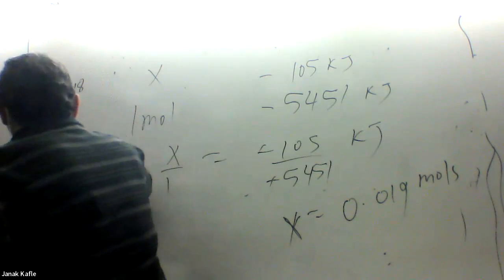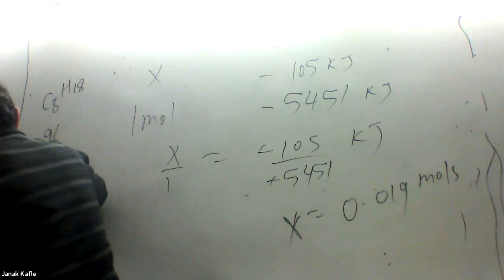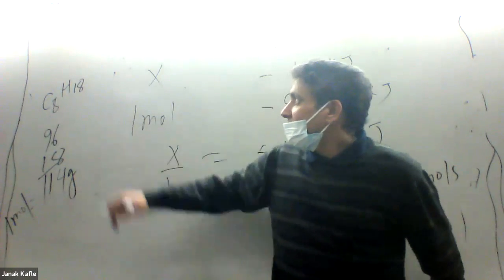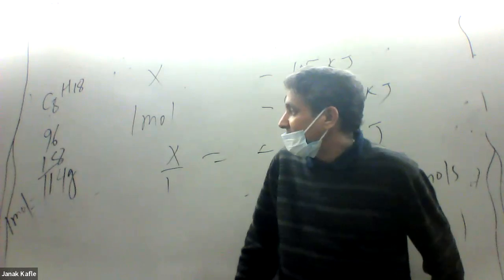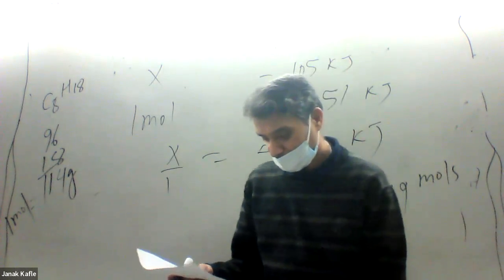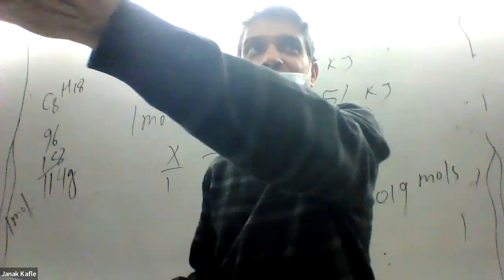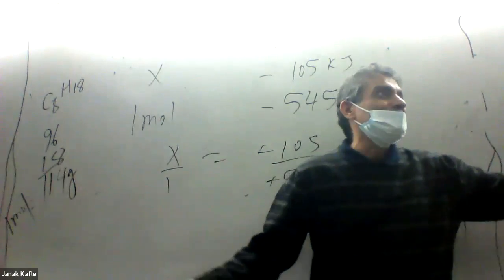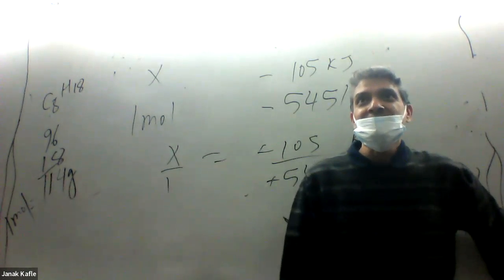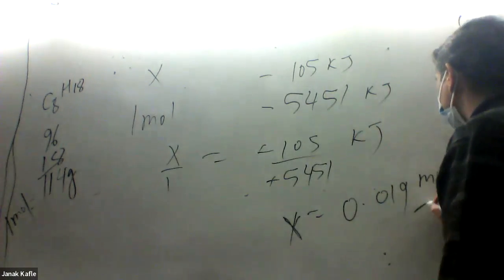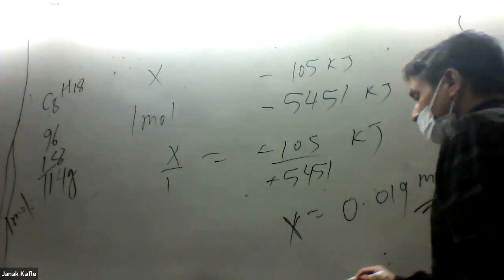So 1 mole is equal to 114 gram. Got it? Hopefully I did the right thing. C8H18 molar mass is 114 gram. Or you can just go to Google and put the molar mass of octane, and Google will give you the molar mass. Make sense? Good.